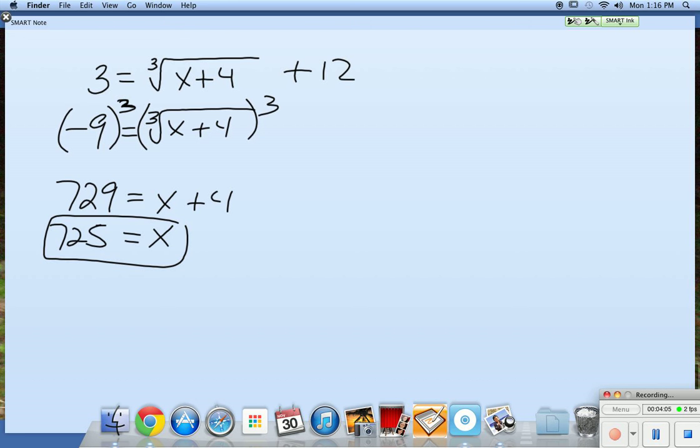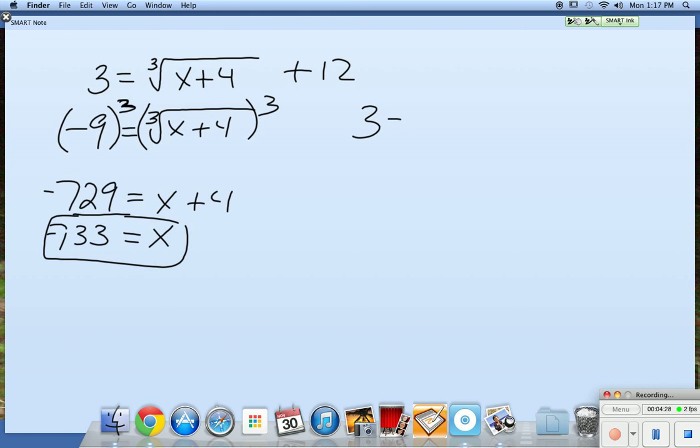Is this going to be right? No, it would be a negative, yep. So this would actually be 733, right? Yeah. 733. Negative. So, let's take a look.